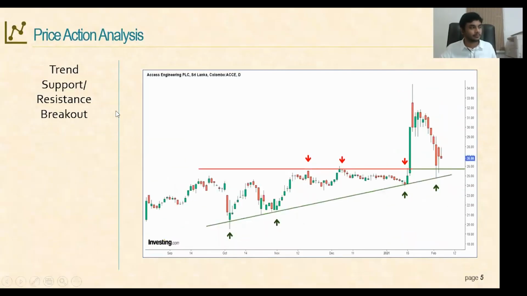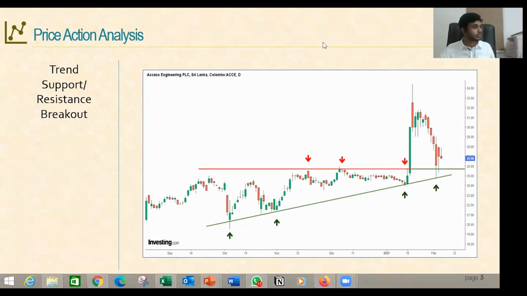Another example where you can see how I have used support or resistance levels in the same way. These are flat price levels which we have identified, where the price is having resistance or having support.